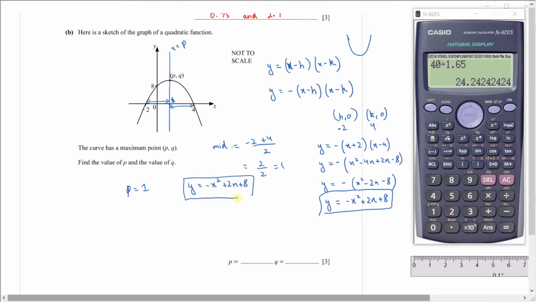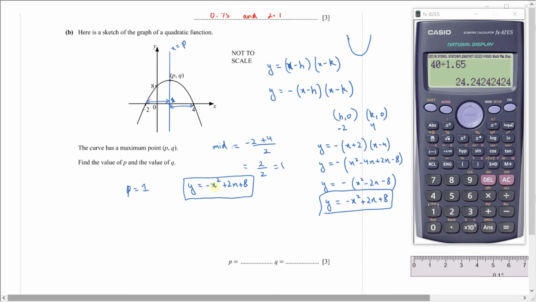You can double check this as well. We know that when x is 0, your y value on the curve is 8. So if I substitute 0 here, this becomes 0, this becomes 0, and you get y equals 8. And then if you have x equals minus 2, your y value is 0, this coordinate minus 2 and 0.